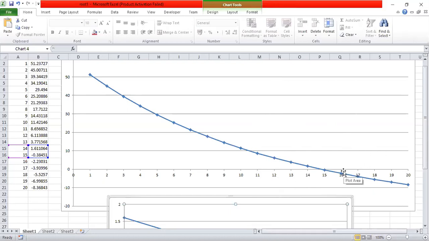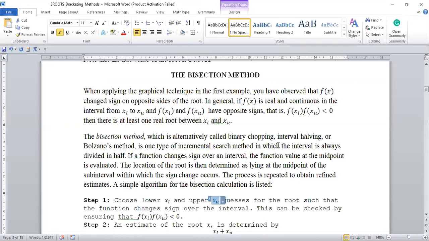After you have been given those two guesses, you begin to narrow the roots down. I'm going to explain how you're going to do that. Like I said, with the bisection method, you start with two guesses.